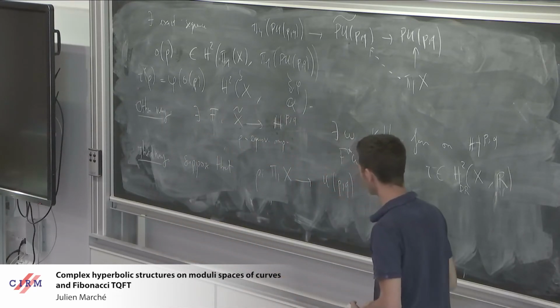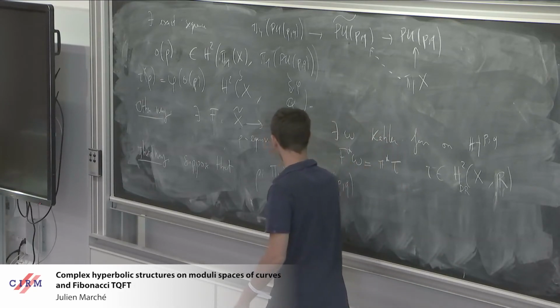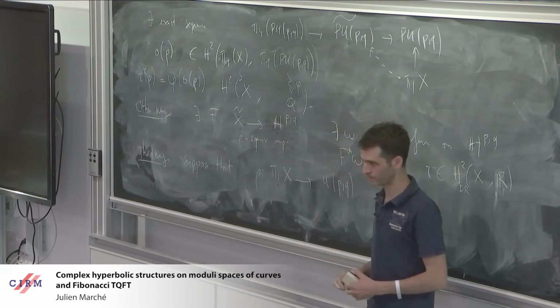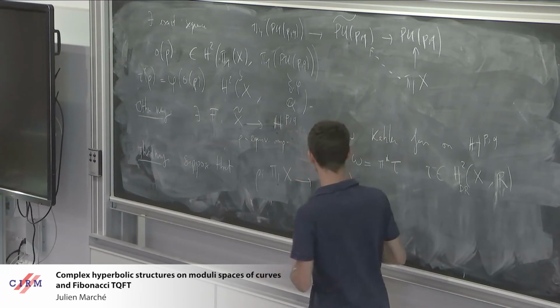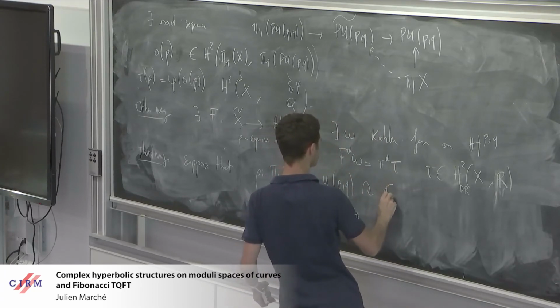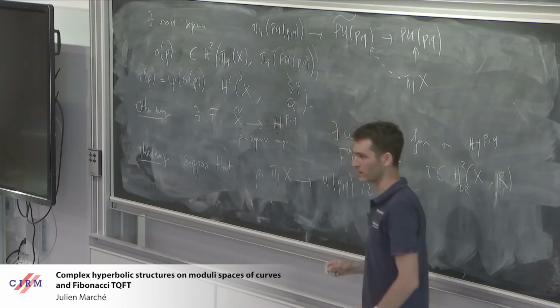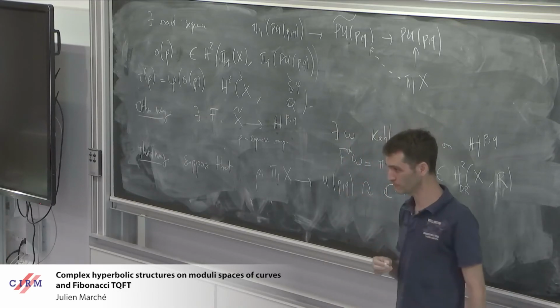But this is a nice construction. Suppose that your representation takes values in U(P,Q). U(P,Q) is the unitary group of a Hermitian space of signature (P,Q). It acts linearly on C^{P,Q}.